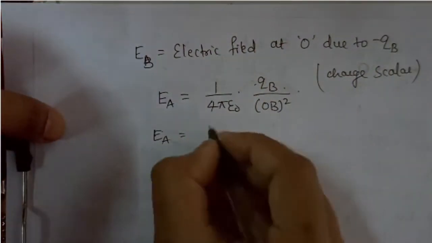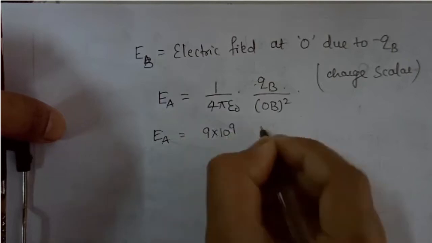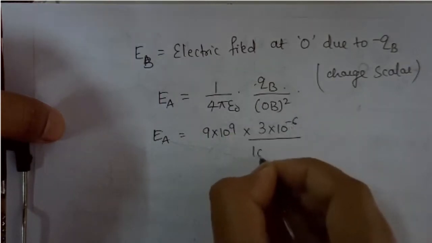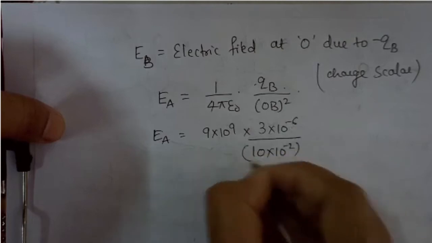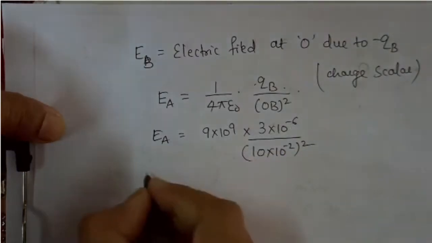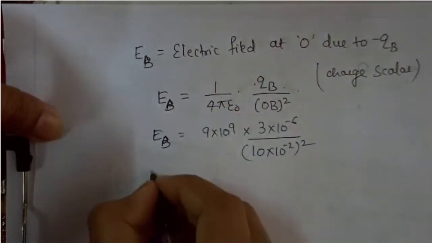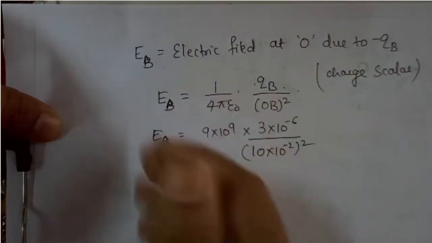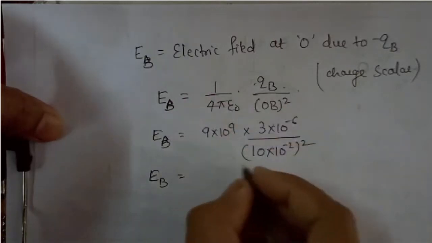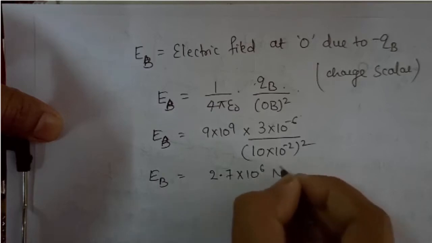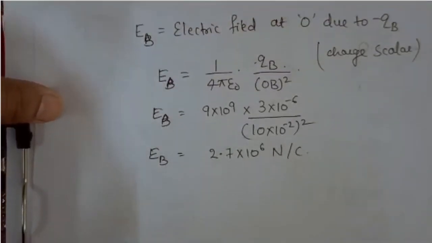So rest is same, all the value, everything is same, into 3 into 10 raised to minus 6 divided by 10 into 10 raised to minus 2 the whole square, everything is same. I am writing here EB it is. Okay. So EB is equals to, the answer comes out to be the same. Okay. So 2.7 into 10 raised to 6 Newton per coulomb.